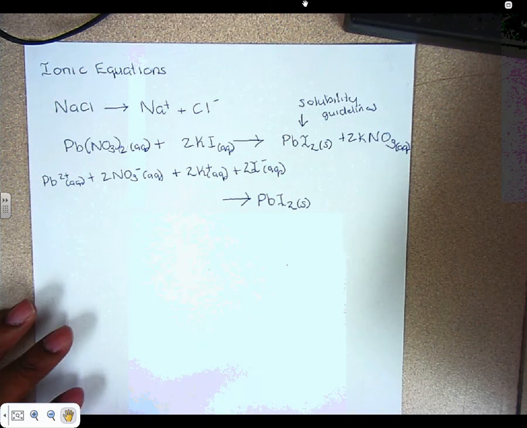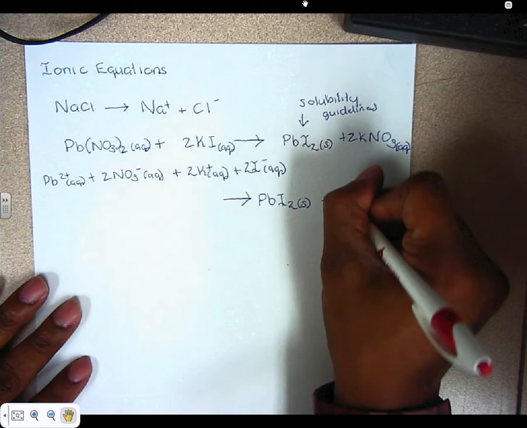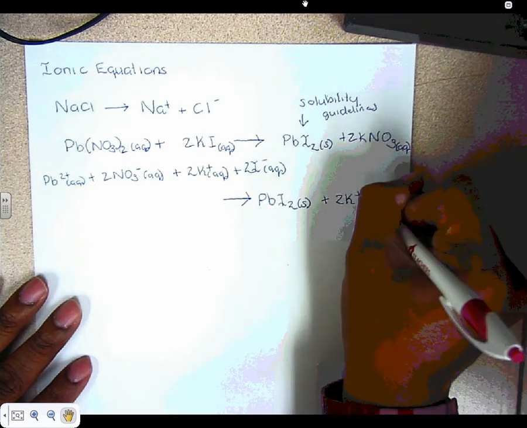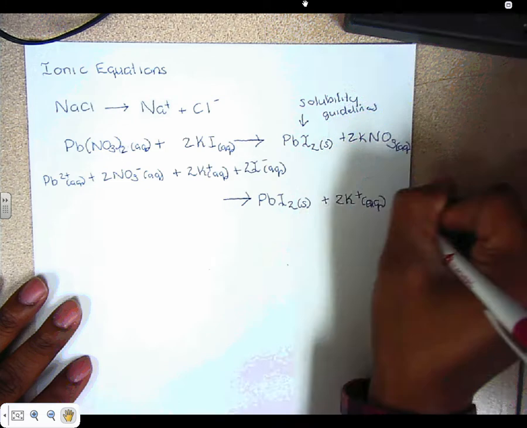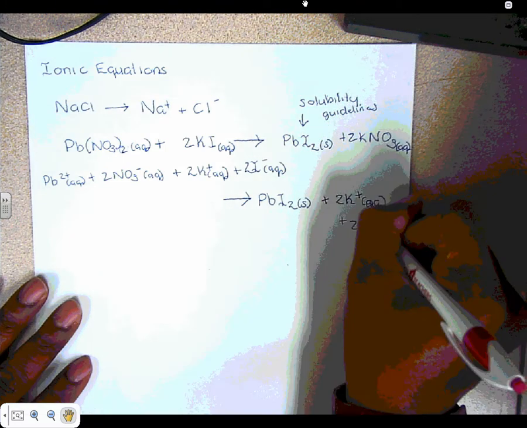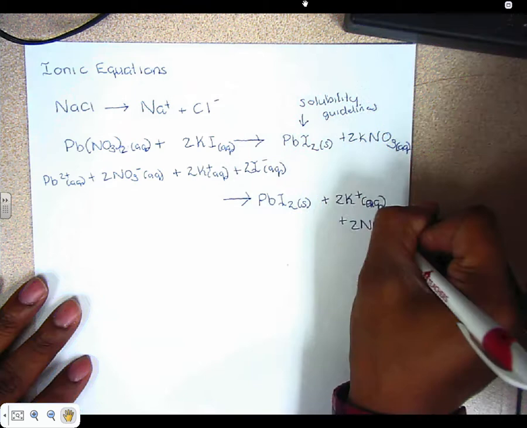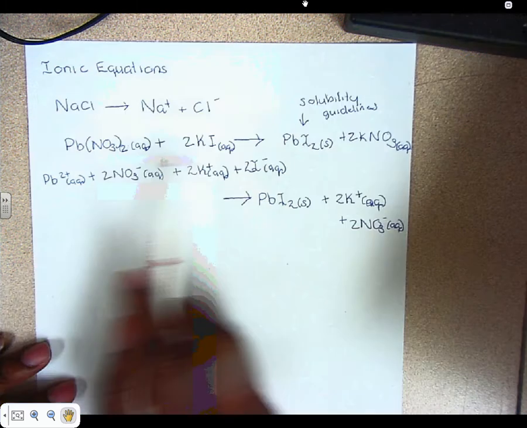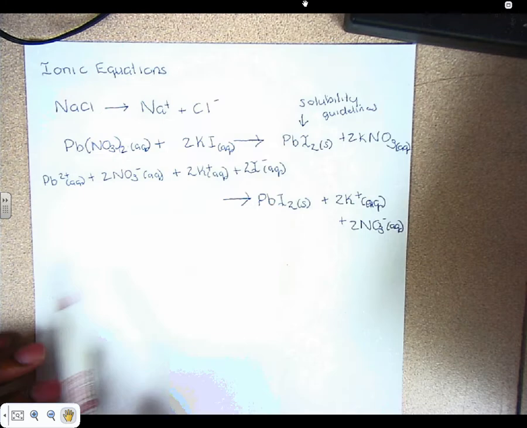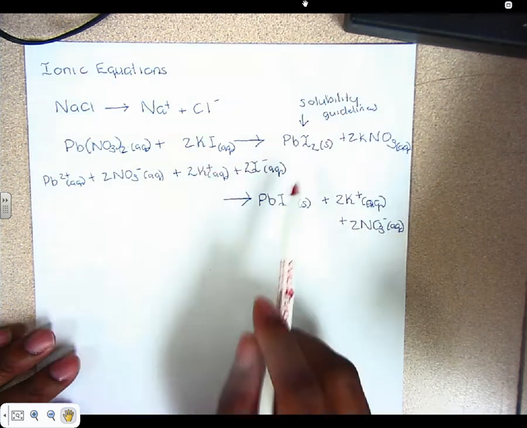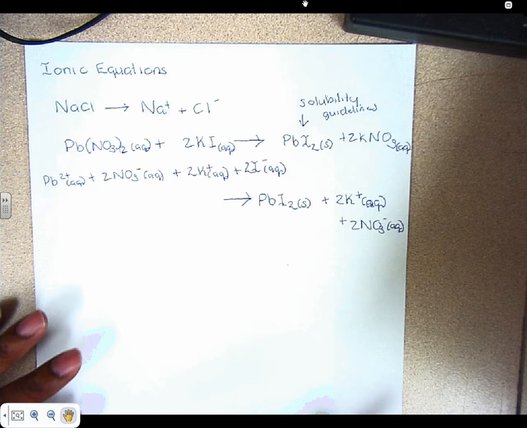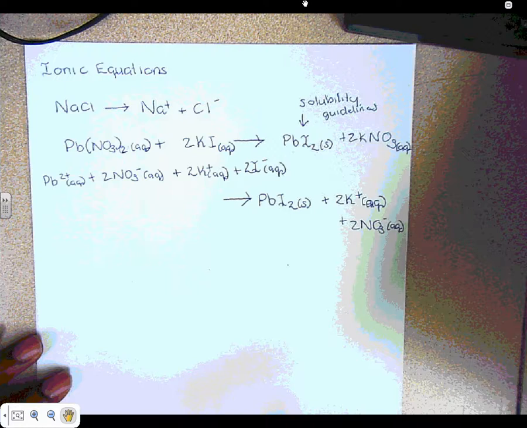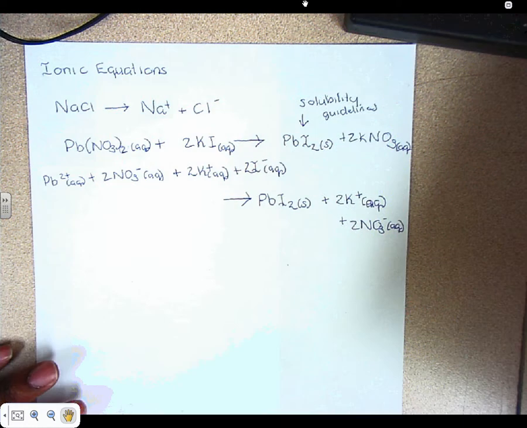But then you have this guy here from the potassium nitrate, and you also have the nitrate group, and we know those are soluble because we know the states of matter: aqueous, aqueous, soluble, aqueous. Sometimes these states of matter aren't given, so it's hard to tell what forms, but if you know that it's forming a solid, 9 times out of 10 you're going to use that to elicit your solubility and deduce your net ionic equation.